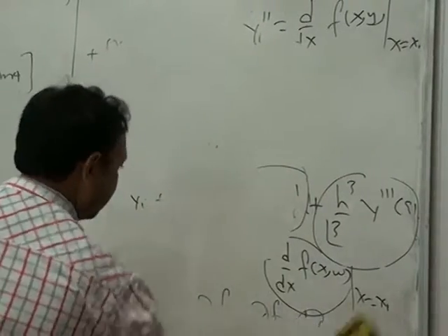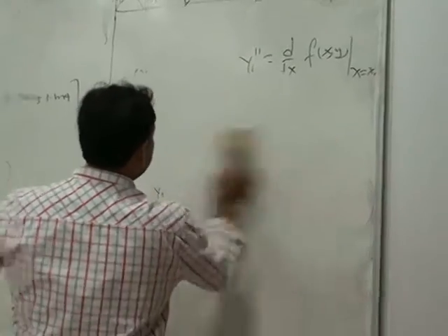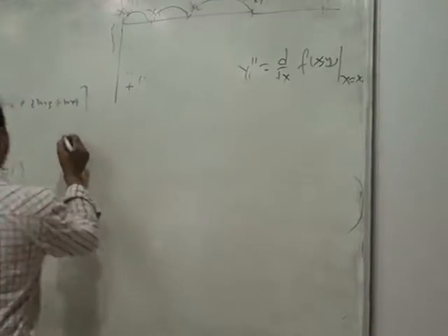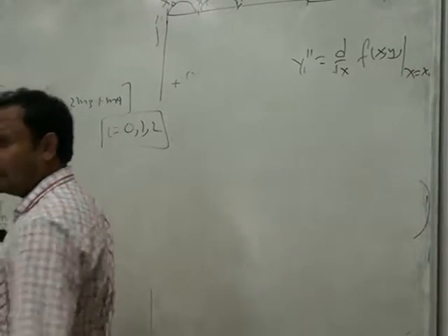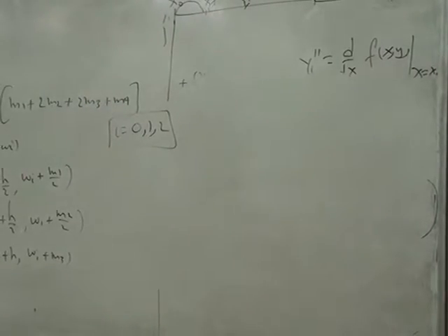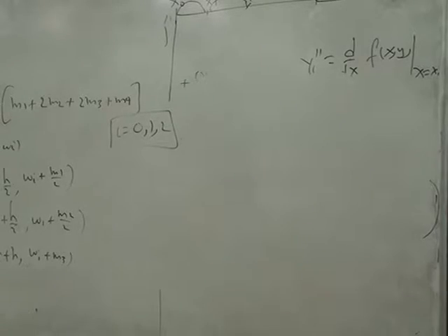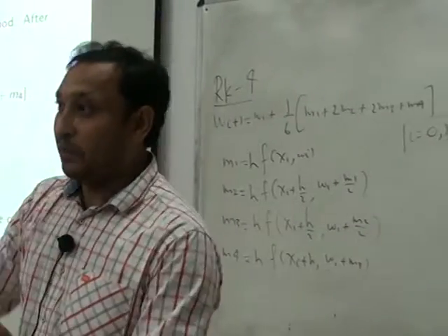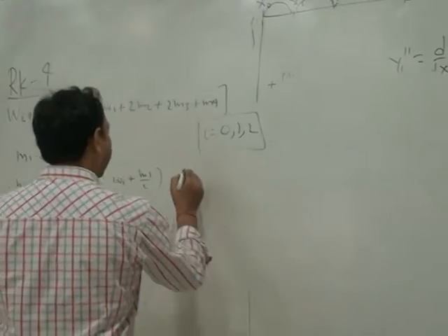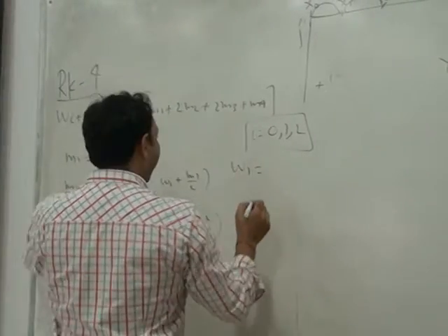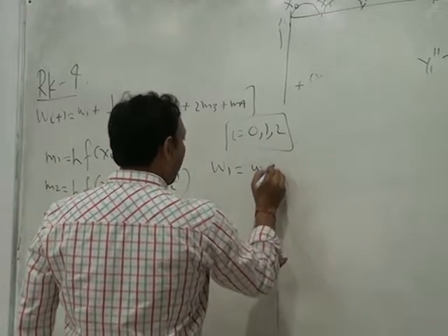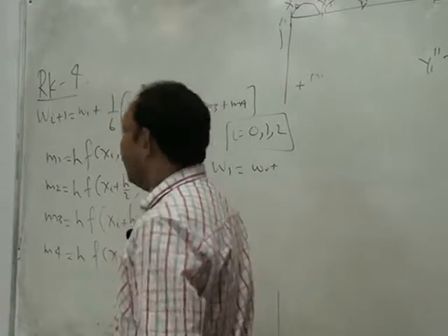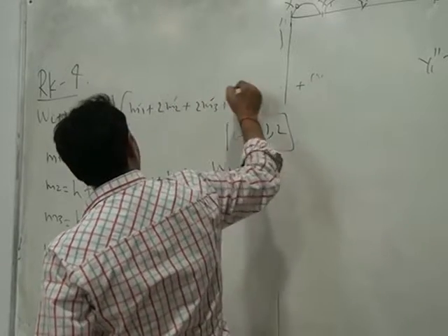You want the solution at? i goes from here 0, 1, 2. So I will compute W1, then the rest you can compute, W2 and then W3. So what is W1? W1 is nothing but W0 plus the same thing, correct? If you compute these numbers, you are through.